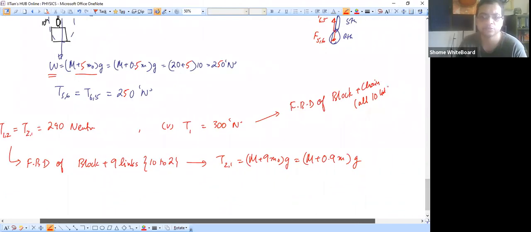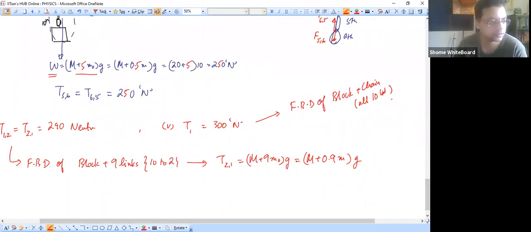Yeah, you can do that way also. You can go on subtracting mass. We started from the bottom, you can start from the top and go on subtracting mass. So that way you will get this 300 newtons at the top first.